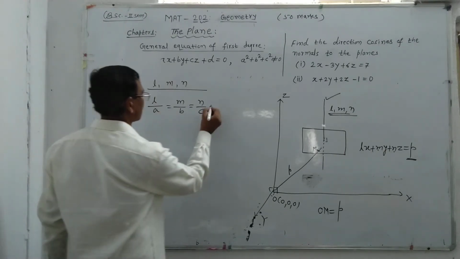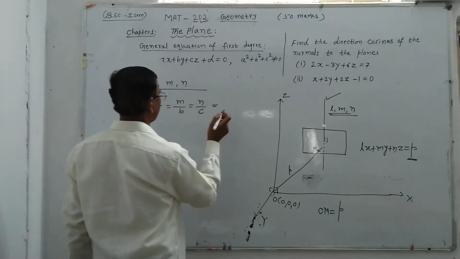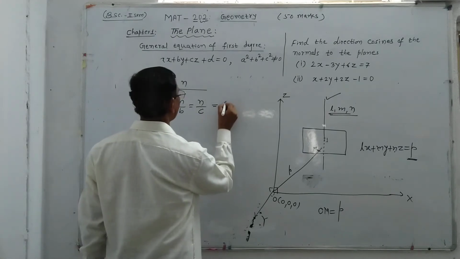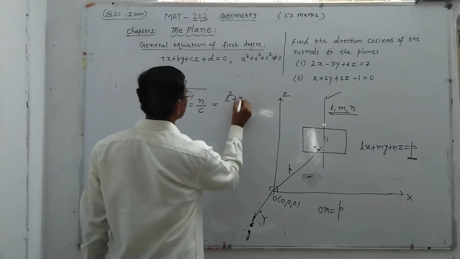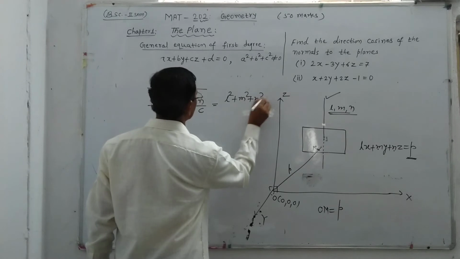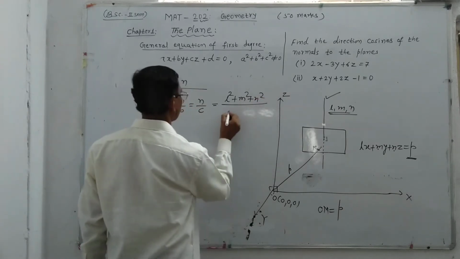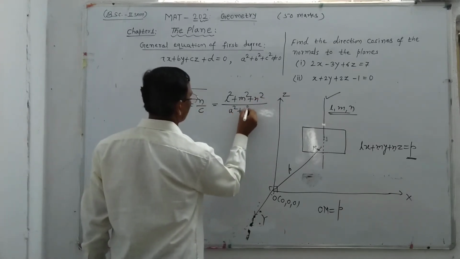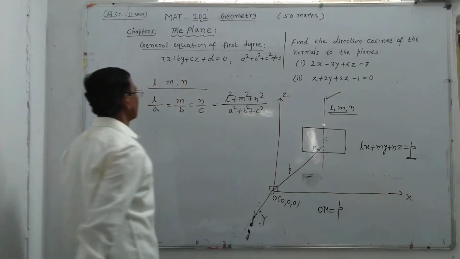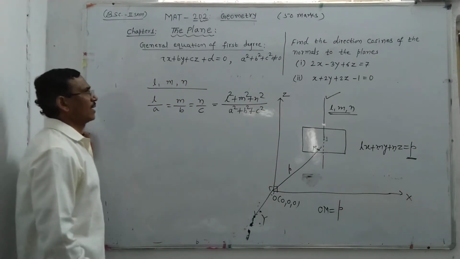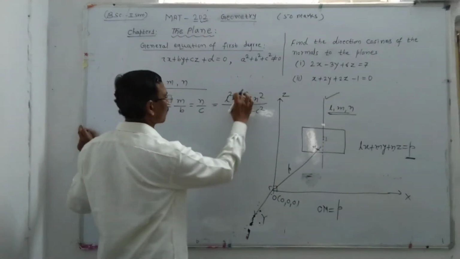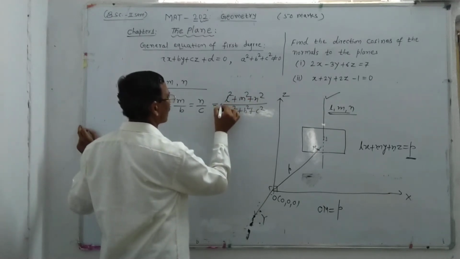This can be obtained by squaring and adding: l square plus m square plus n square divided by a square plus b square plus c square, and then taking the square root of numerator and denominator.